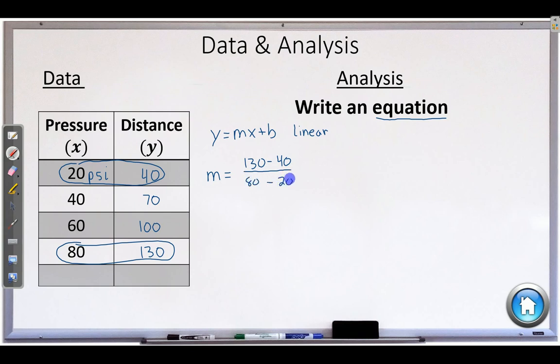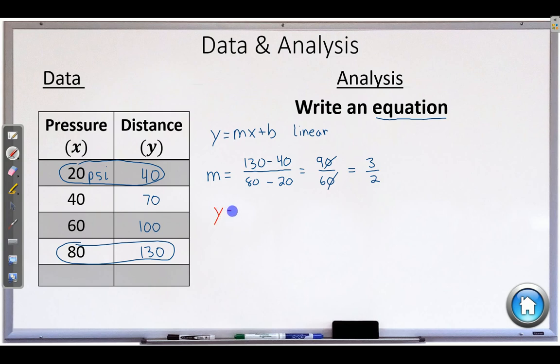So we subtract the y's on top, subtract the x's on the bottom. We get 90 over 60. We can reduce that pretty easily. The zeros cross out. 9 and 6, you can divide them both by 3. So you get 3 over 2. So we have our slope.